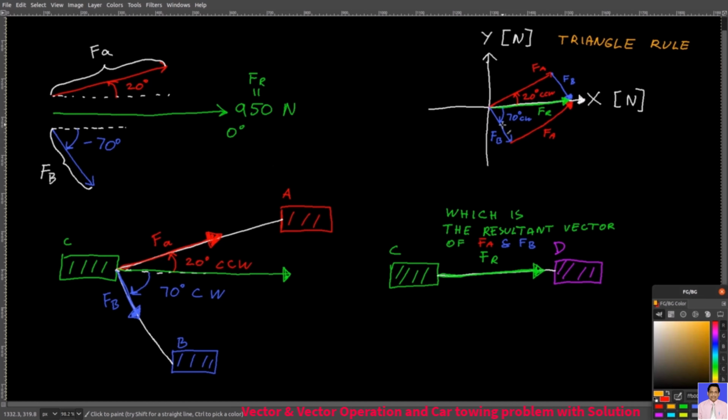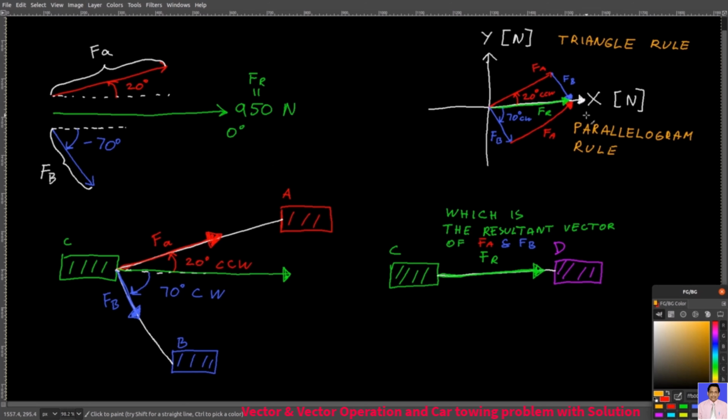And if you do both, shifting the blue vector and the red vector, you still get the same resultant vector, but this method has a different name. It's called the parallelogram rule. Both rules give you the same Fr.